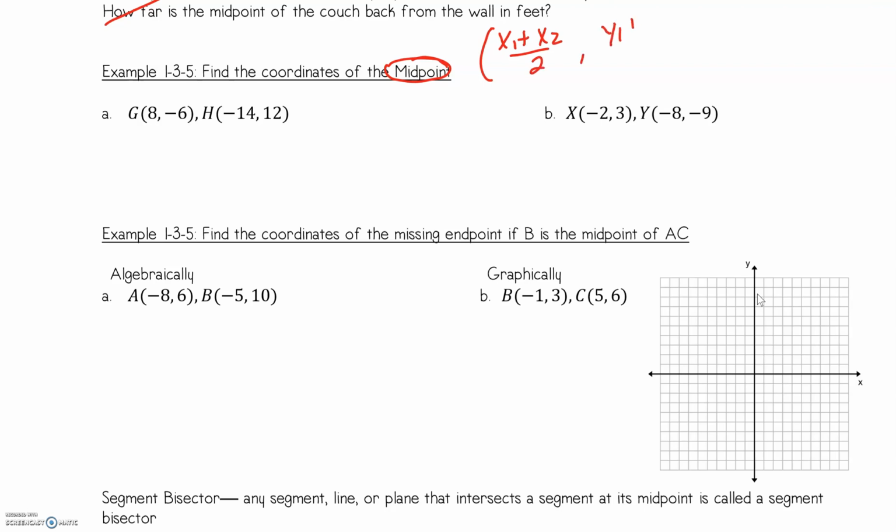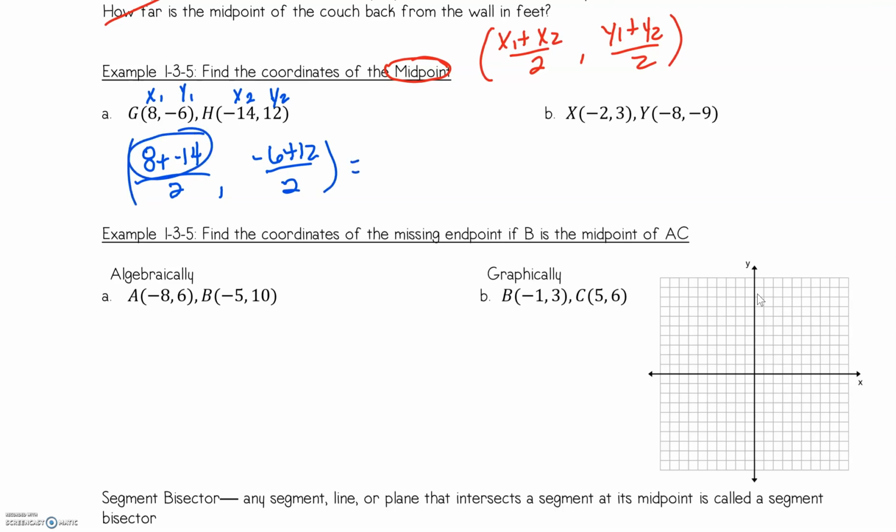Then we're going to take our y's and add them and divide by 2. Remember that we have an x and a y. X comes first and then y. So we have our 8 plus our -14, and we're going to divide by 2, and then our -6 plus 12, and then we're going to divide by 2.